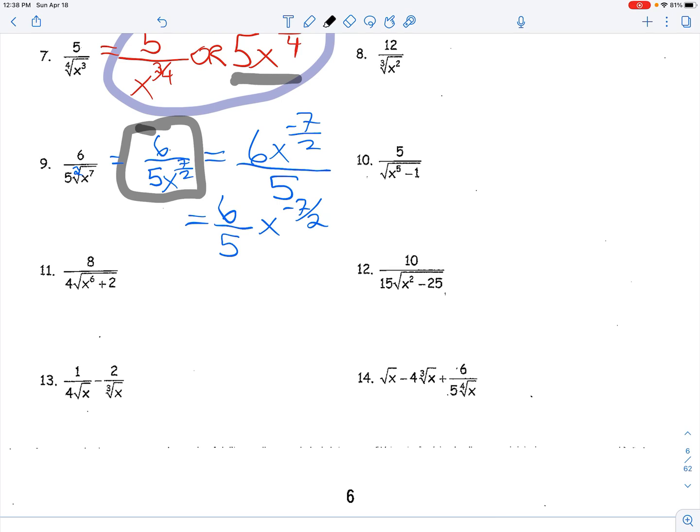So you could reduce that if you want. If it was 15 plus square root of x squared minus 25, you would not be able to. So if you want to reduce this, 5 goes into both of these. 5 goes into 10 2 times. 5 goes into 15 3 times. All right.